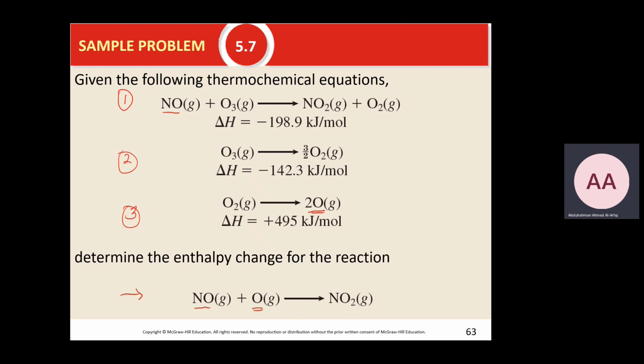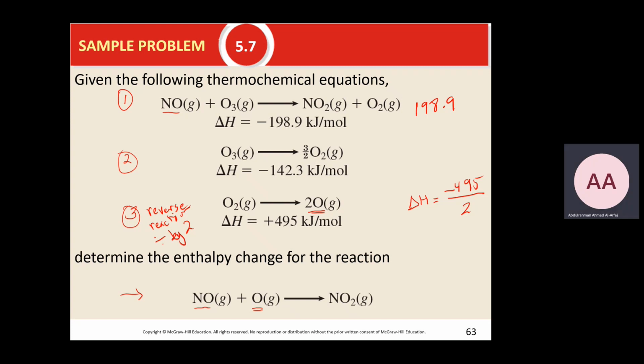I will reverse this reaction and divide by 2. And as a result, delta H will be minus 495 divided by 2. The first one, I kept as it is. So delta H is equal to 198.9. Okay.